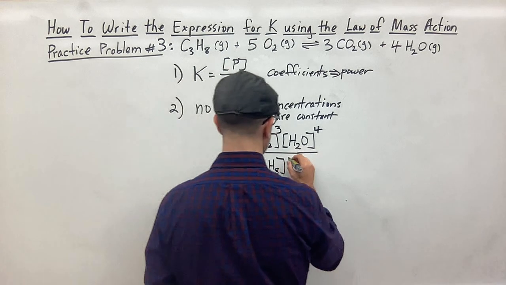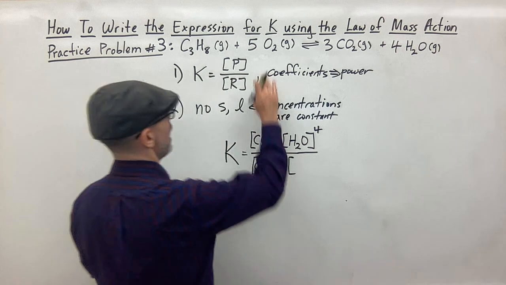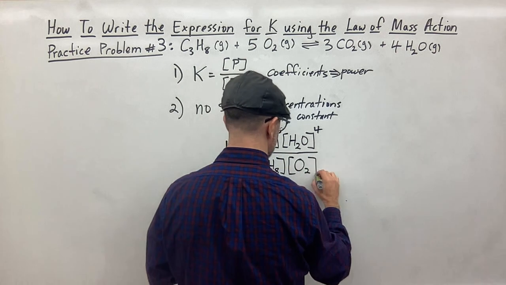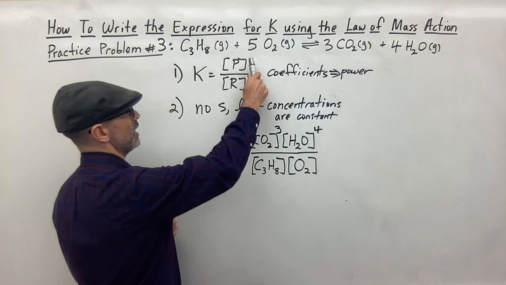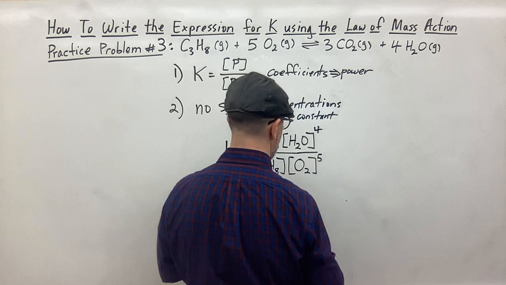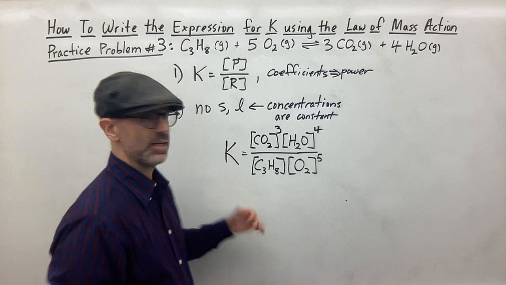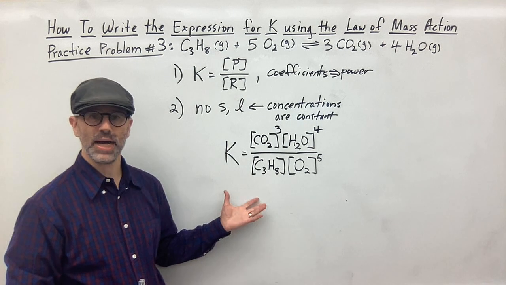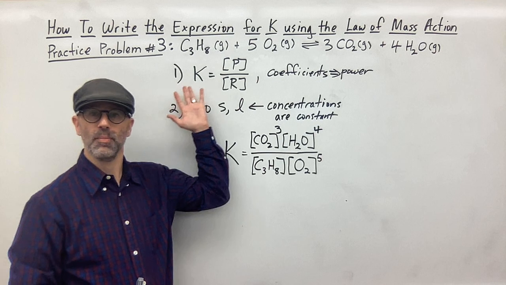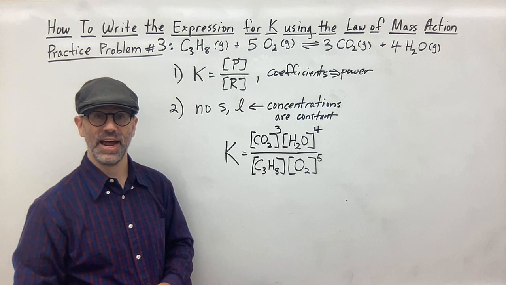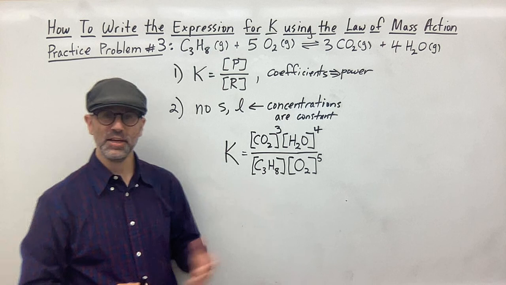And then finally, we have oxygen gas, so this is going to be O2. We have a coefficient of 5, so we're going to write a power of 5. And that, ladies and gentlemen, is the expression of your equilibrium constant for the combustion of propane gas.